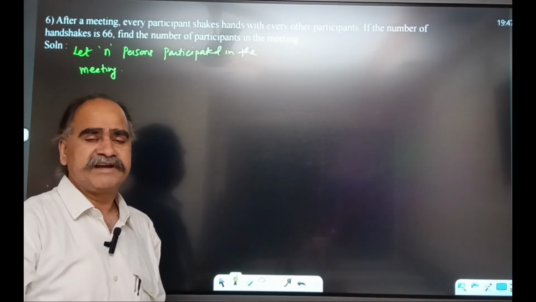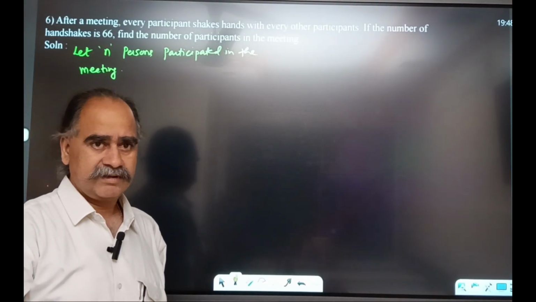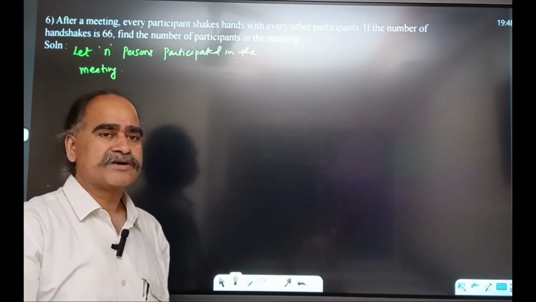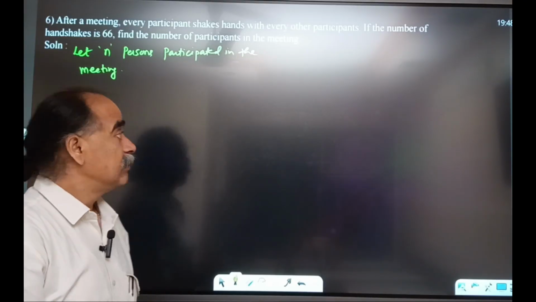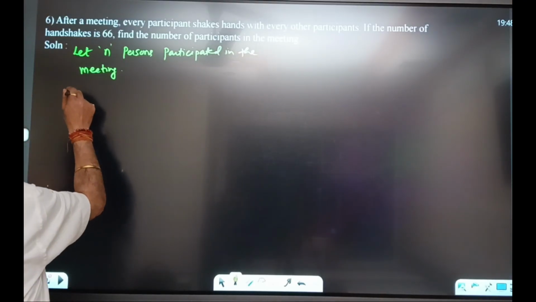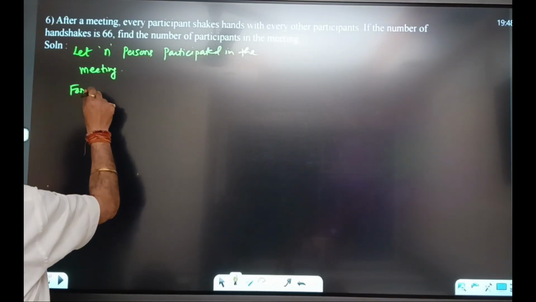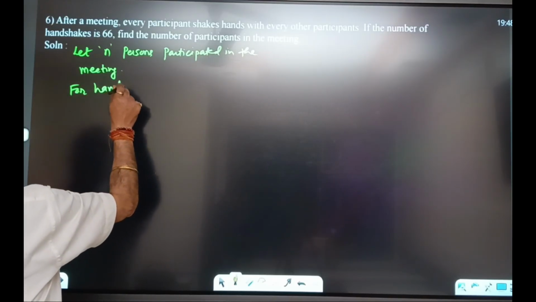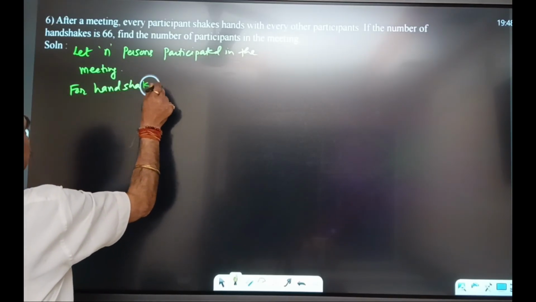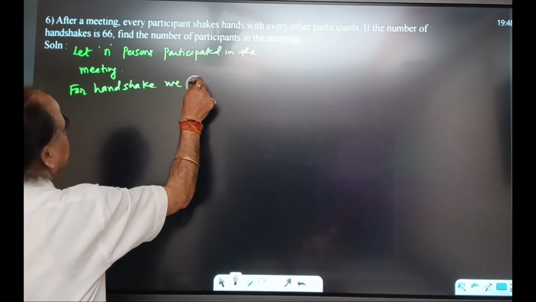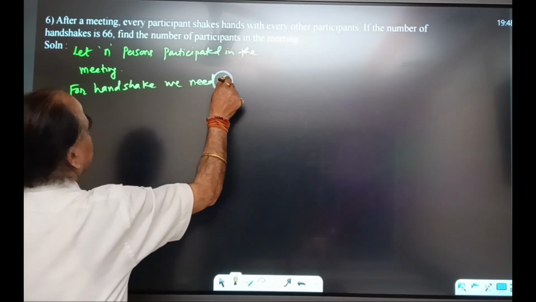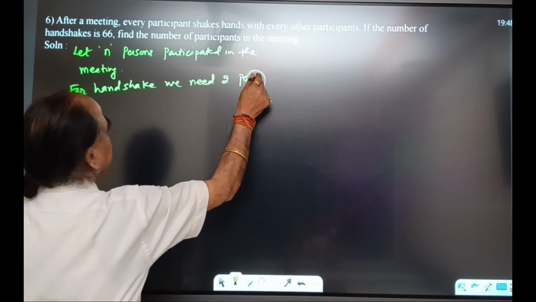For a handshake, we need two persons. A single person cannot shake hands.